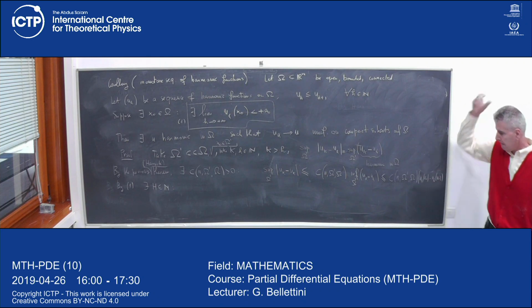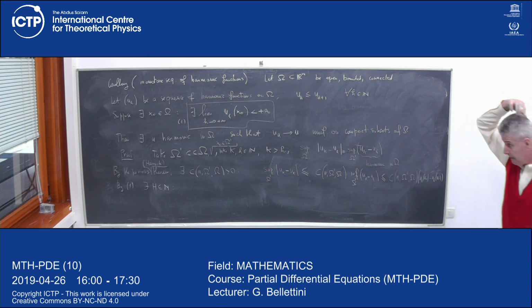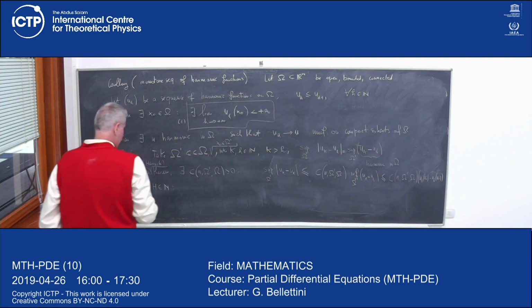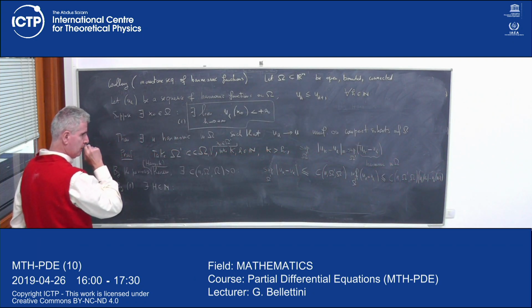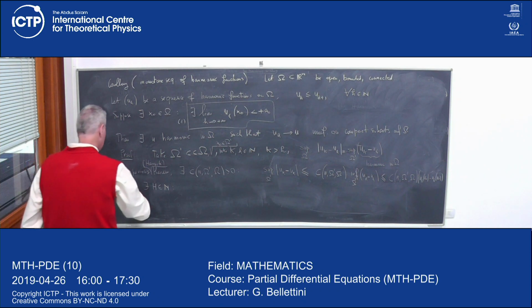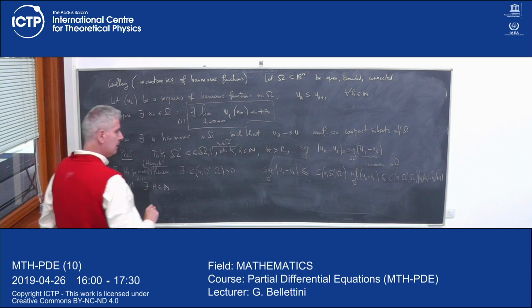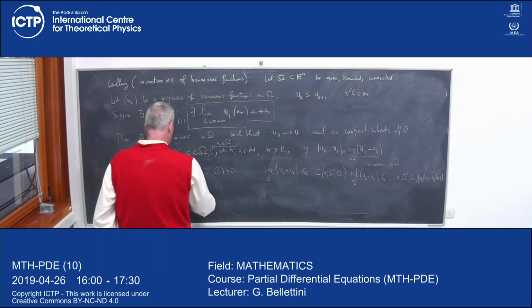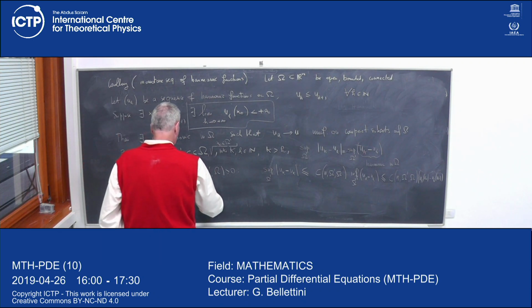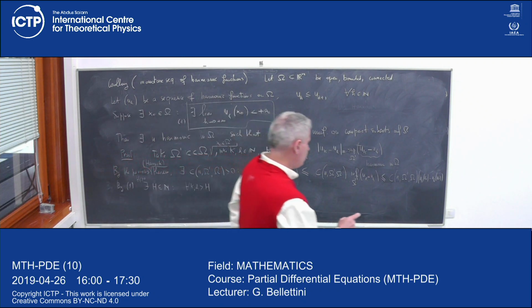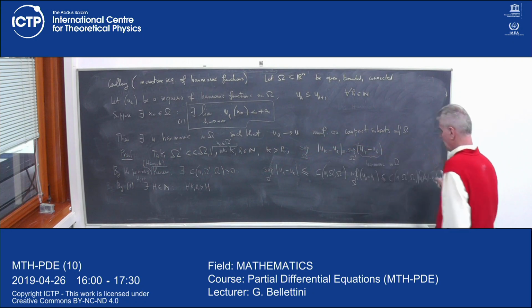So for any epsilon positive, there exists an index such that for any k and h larger than this, this is less than epsilon.